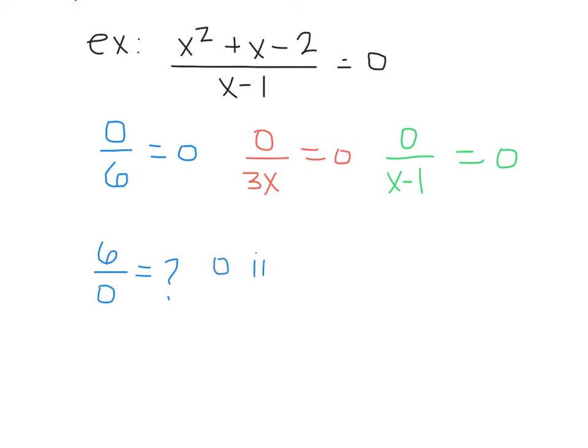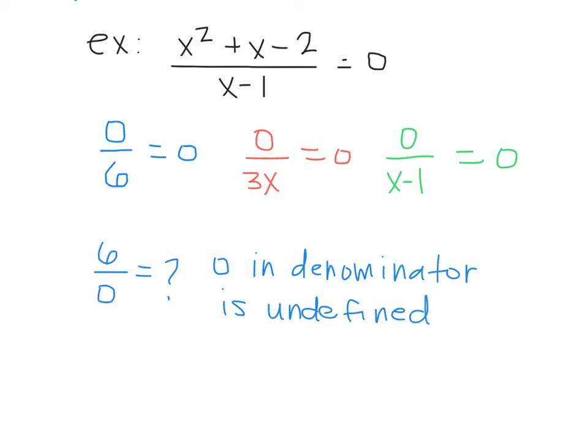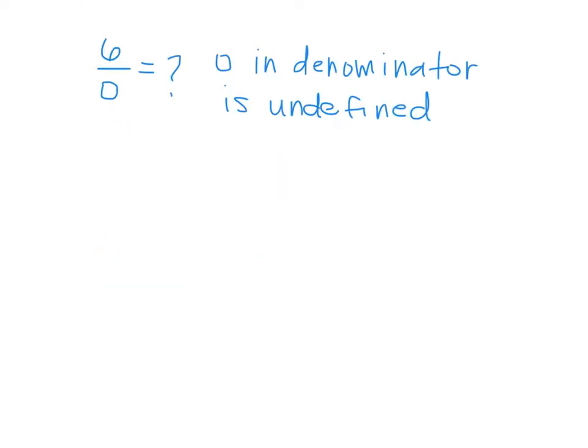So 0 in a denominator is undefined, meaning there's just no way to define it. And it is something we want to avoid.